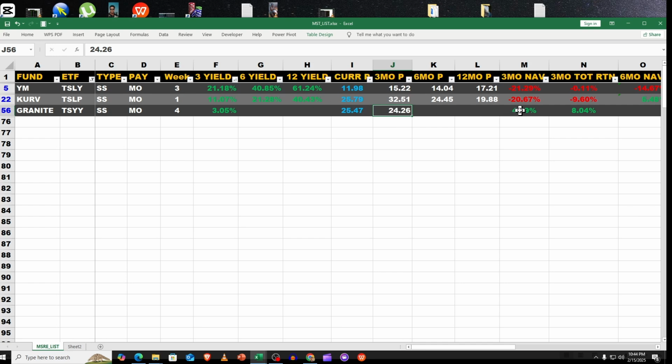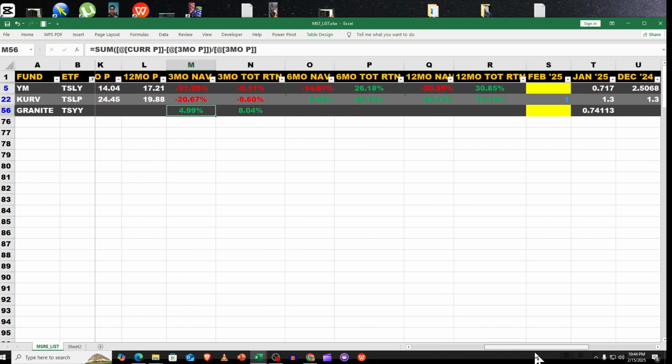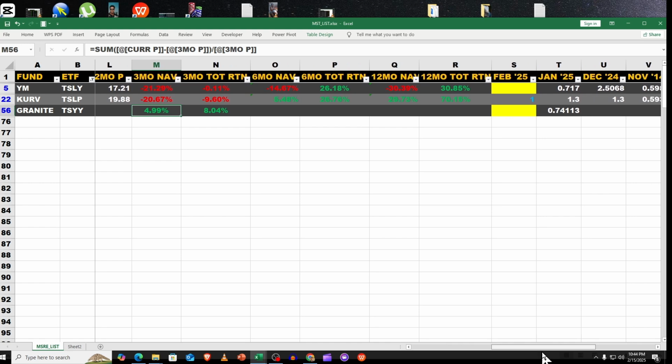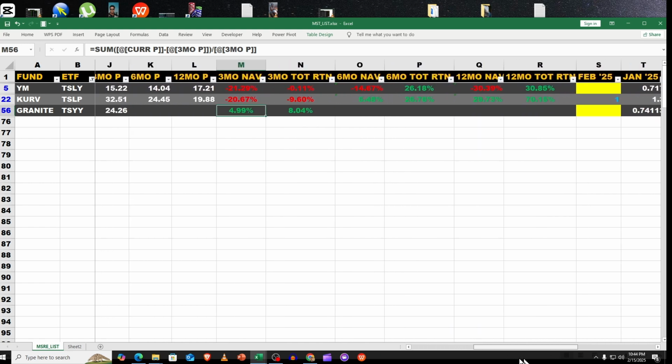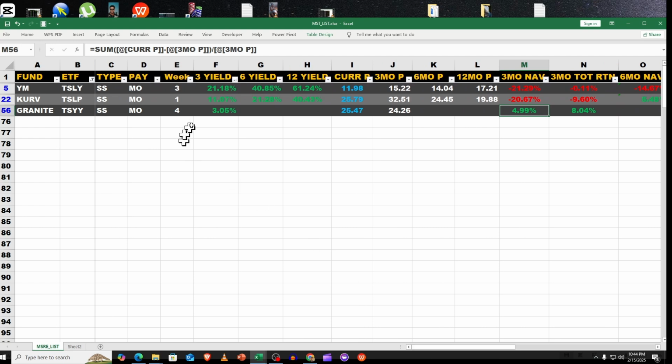But so far they're up 5% and 8% in that scenario because the NAV is up 4.99 and they've had a 3.05 yield. And they have another payment to make in February. And that would have only been 2 months out of the 3 months in paying yield. That's why they're significantly lower.